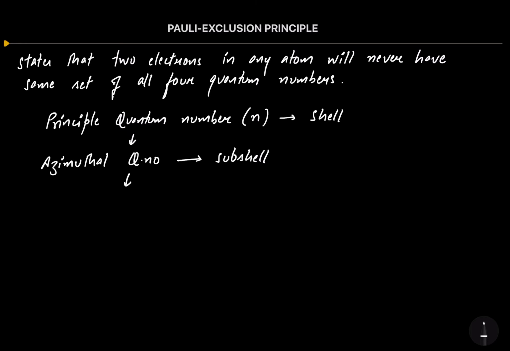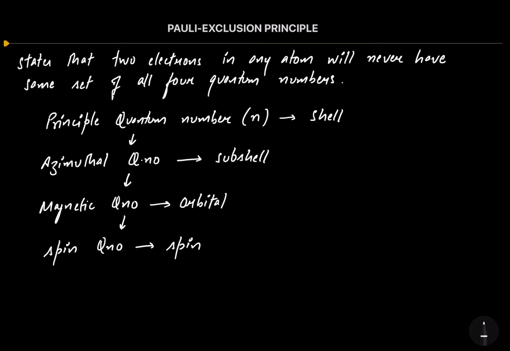The next one is magnetic quantum number. It signifies the orbital in subshell in which electron is present. And finally we are having spin quantum number and it signifies the spin of the electron in the orbital in which the electron is present.